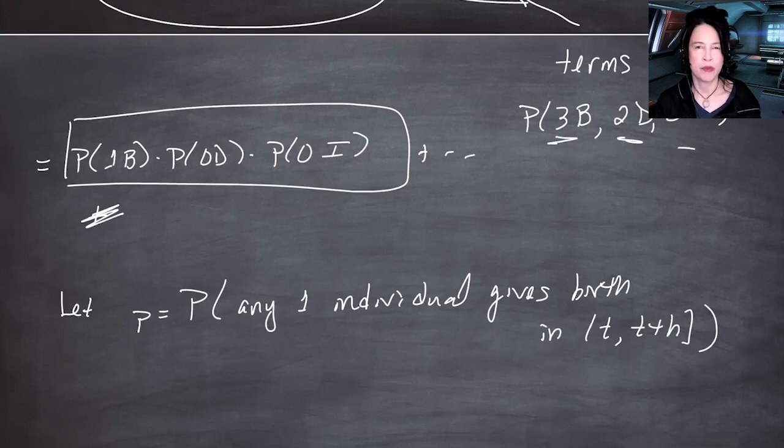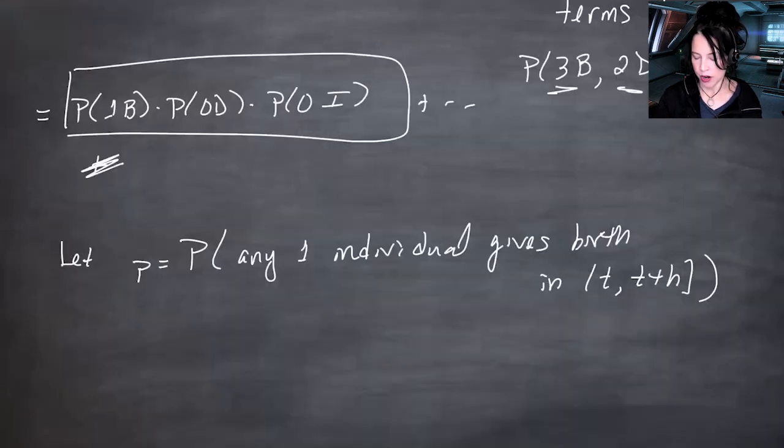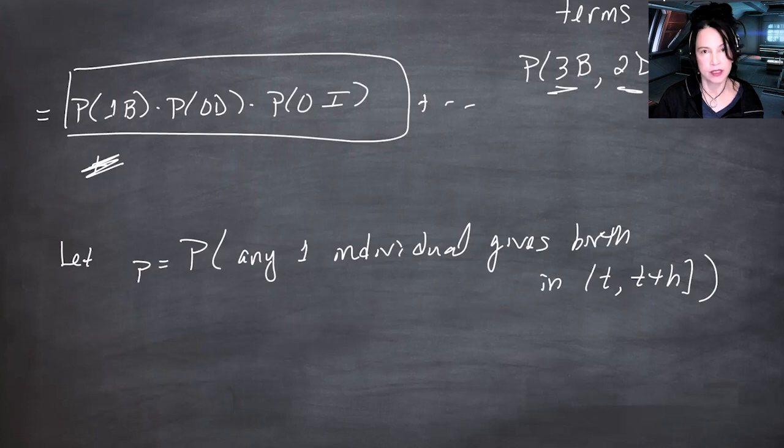So the probability that one individual gives birth in that interval, we're looking at the process at time t, and it doesn't matter that they've already been waiting to give birth. The lack of memory property says that this is the probability that the birth time for that one individual is less than or equal to h. So this is the probability that t is less than or equal to h, where t is one of these exponential rate lambda birth times.